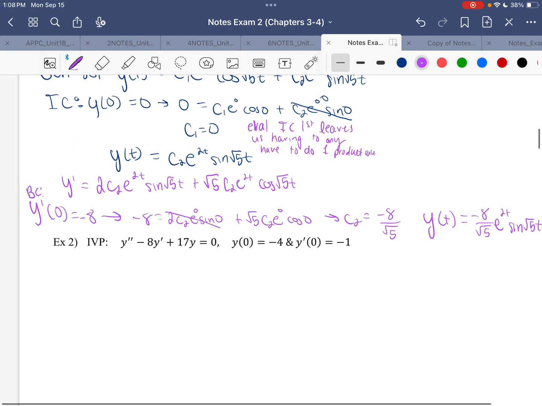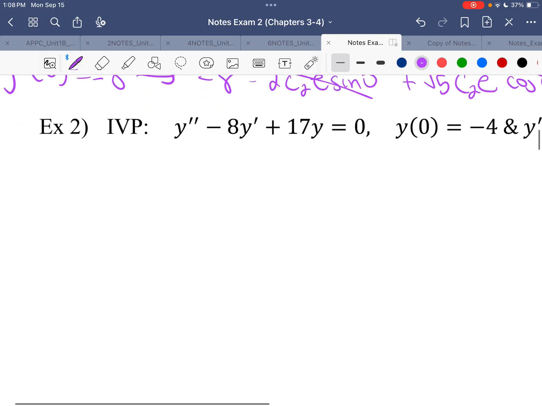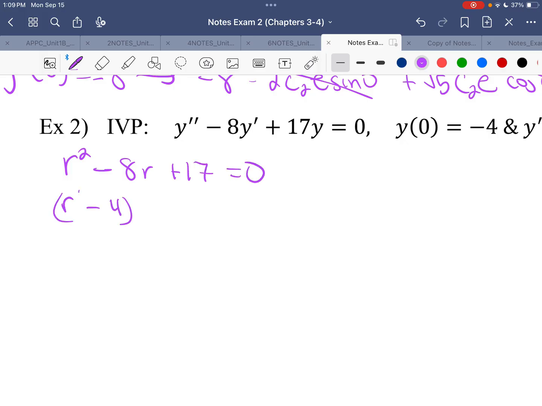Okay, try to do example 2. You might need to pause. All right, our characteristic equation, r squared minus 8r plus 17. Don't just blindly follow me, because I'm skipping steps.